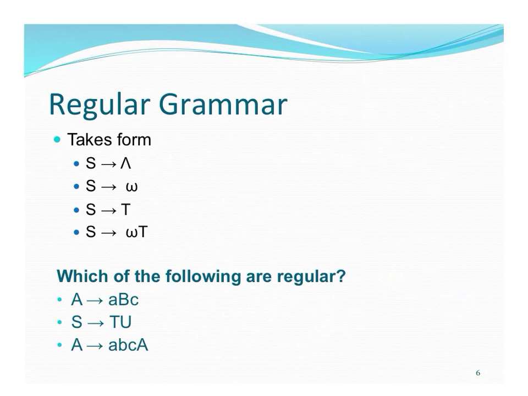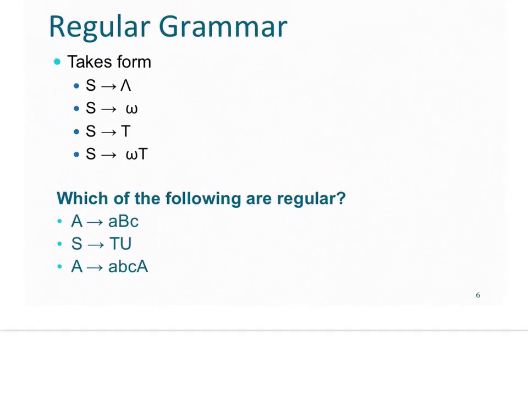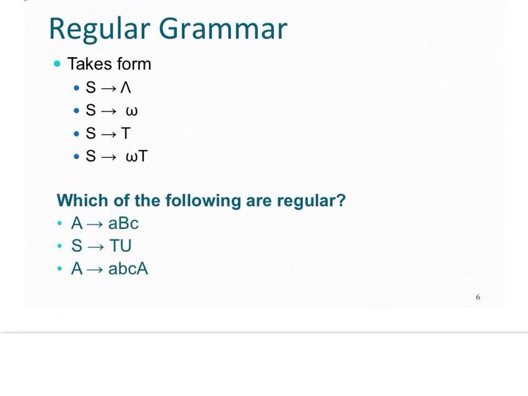Okay, so we've talked about these rules that tell you what makes a grammar a regular grammar. Let's look at these examples and see which of these are regular. Well, this first one is not regular because it's got that B in the middle there, that capital B, a non-terminal, which is not at the far right of the right-hand side of that production rule. Let's look at the second one.